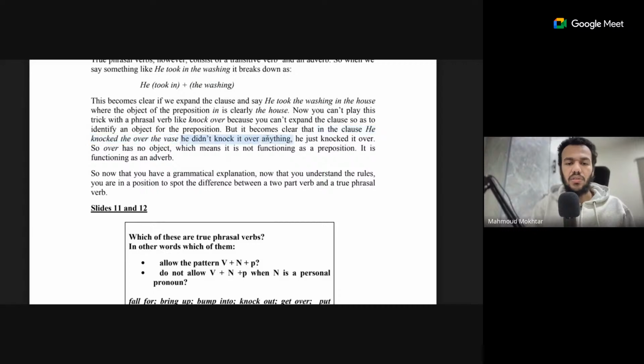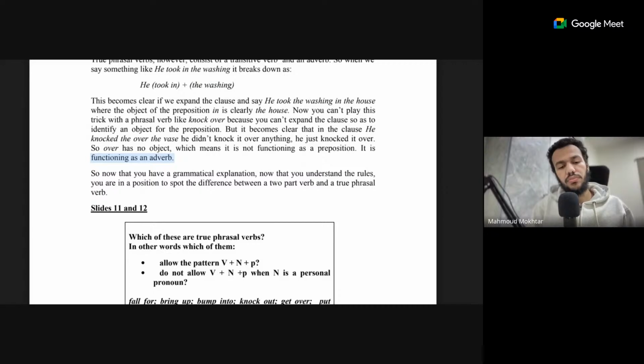He didn't knock it over anything. He just knocked it over. So over has no object, which means it isn't functioning as a preposition. It is functioning as an adverb.